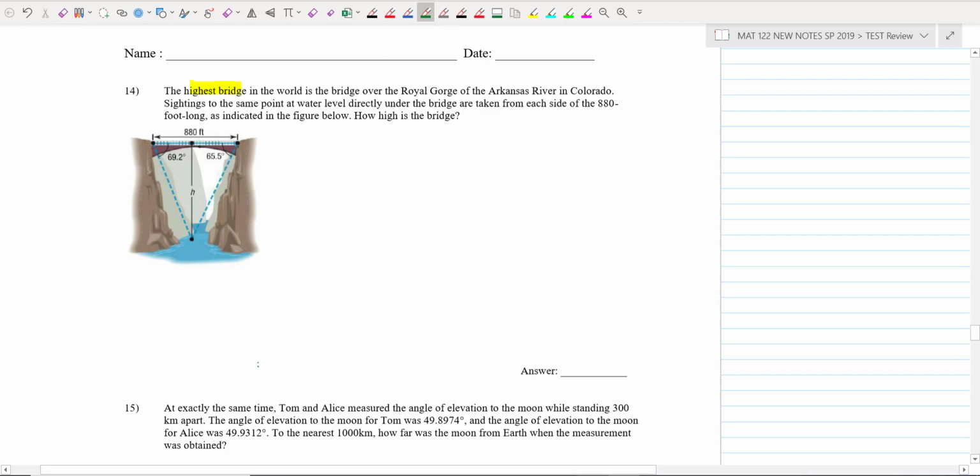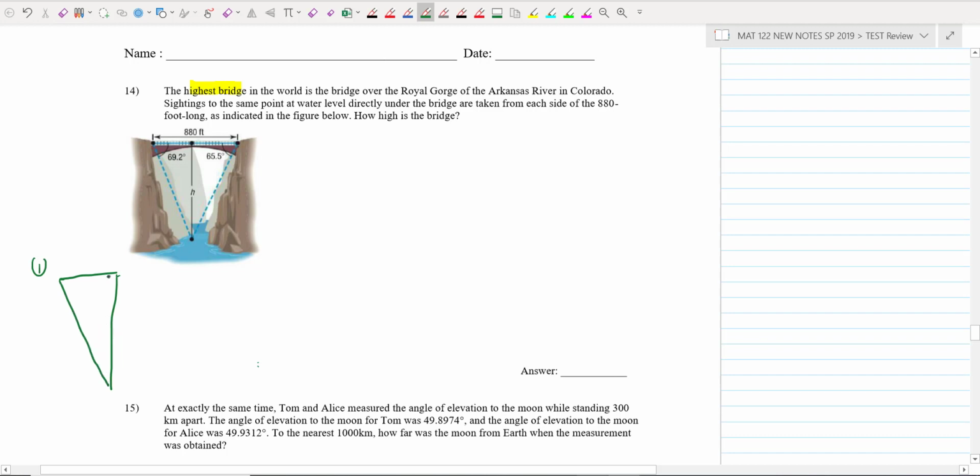We're going to have to formulate what we're going to do with triangles here. I assume this is a right angle, since if you were measuring the height of something, you'd want that to be a right angle. So in step one, we have two right triangles.